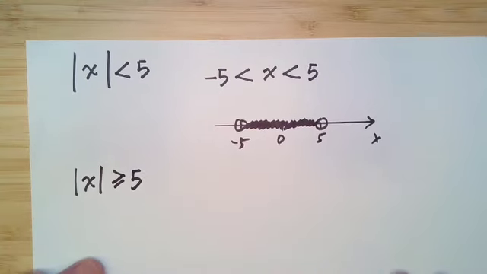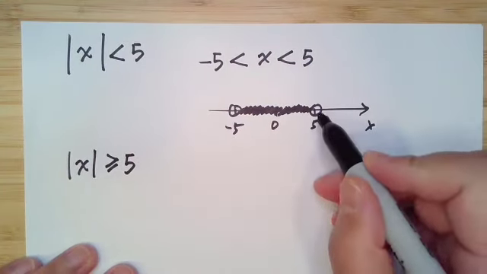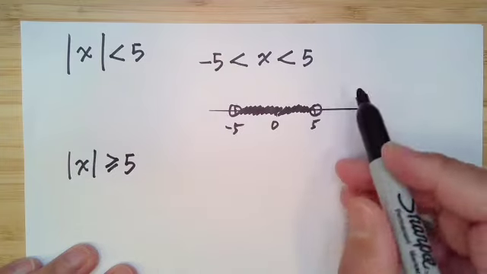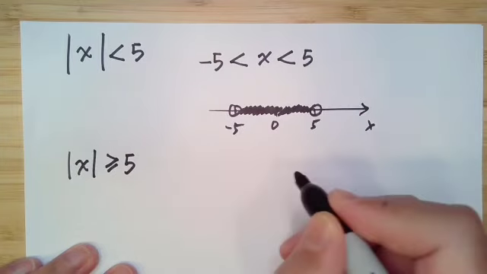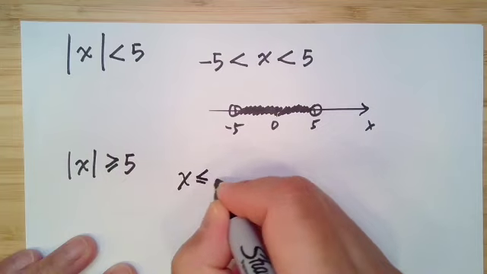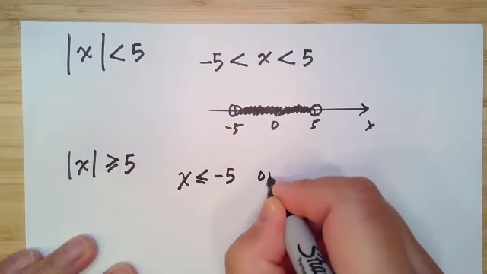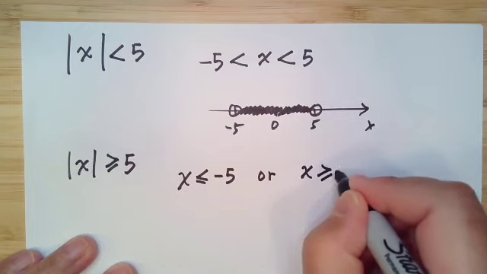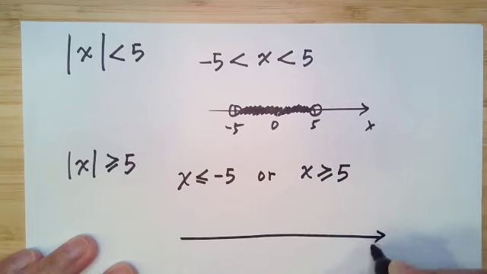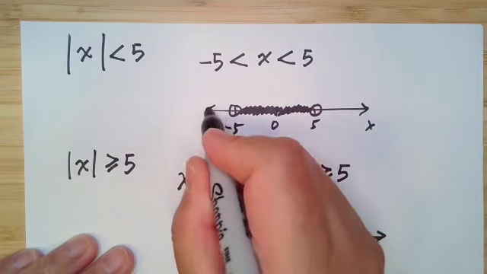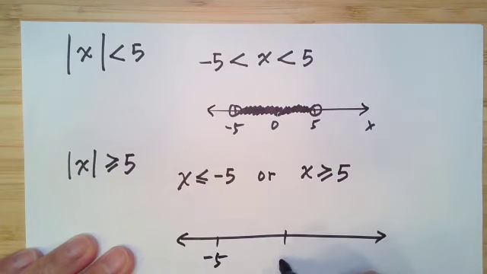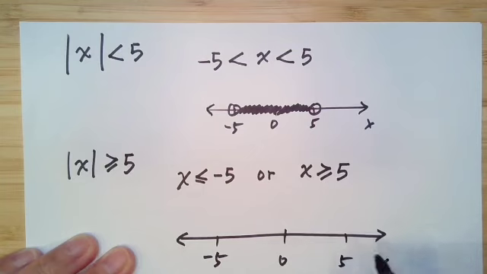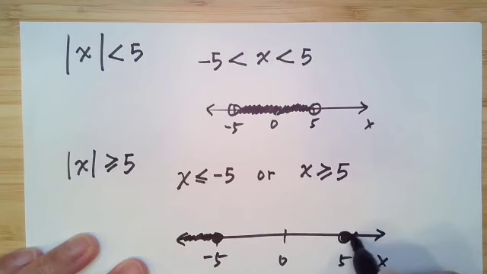Then you believe it's going to be here and here, right? Either to the right of 5 or to the left of negative 5. So either x is less than or equal to negative 5, or x is greater than or equal to 5. So that goes to this: negative 5, 0, and 5. Either solid at less than or equal to negative 5, or solid at greater than or equal to 5. Okay, so that's your solution.